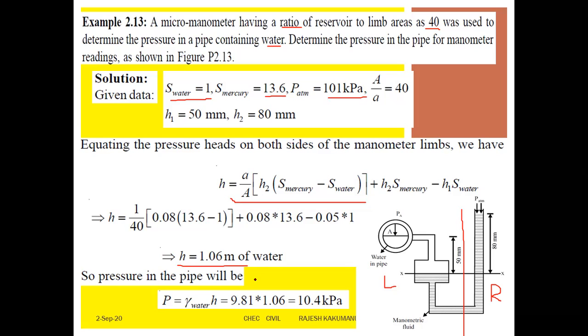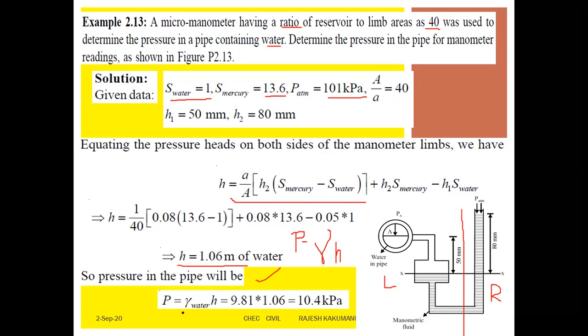Now what is the pressure we have to calculate? When you have got the pressure head, the pressure is equal to gamma into h. What is the gamma of water? 9.81.